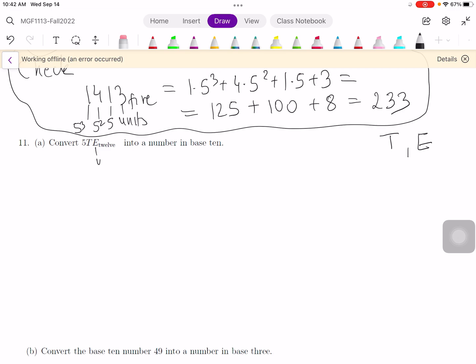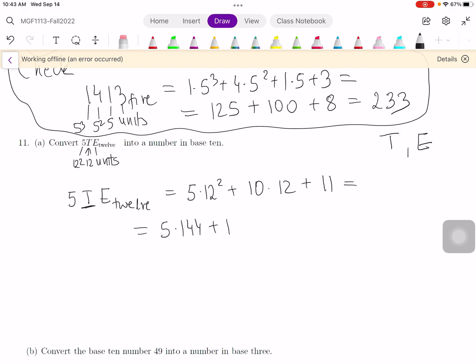So this is the number of units, this is the number of 12s, and this is the number of 12 squared. So 5TE in base 12 is the same as 5 times 12 squared plus 10 times 12, T stands for 10, and then 11 units. So that's 5 times 144, this is 120 plus 11.